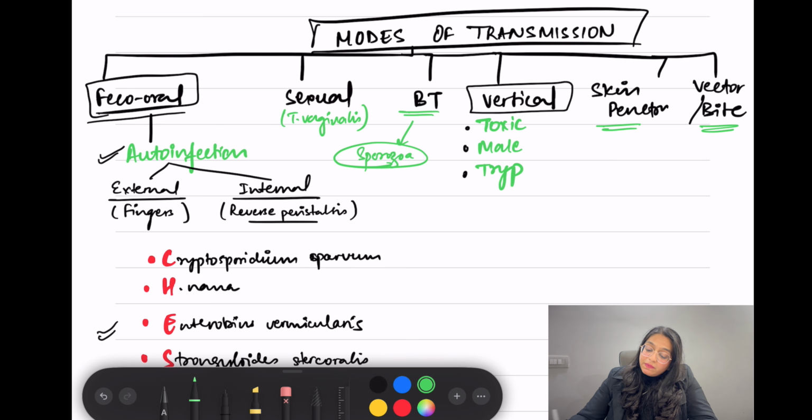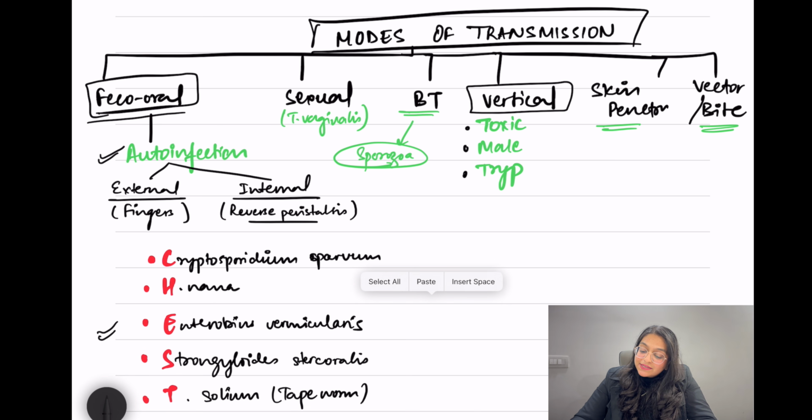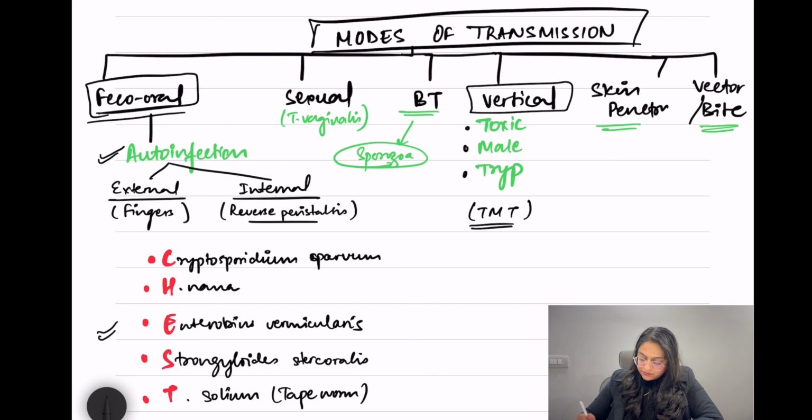Now, I want you to remember the vertical transmission. Vertical is congenital, mother to child transmission. There are two mnemonics, either it is a toxic male trip or TMT, whatever helps you remember. Okay, toxic male trip. Look at toxic: make the C into an O. Toxoplasma.